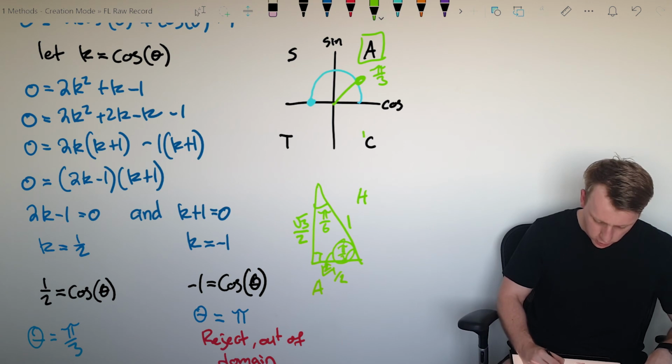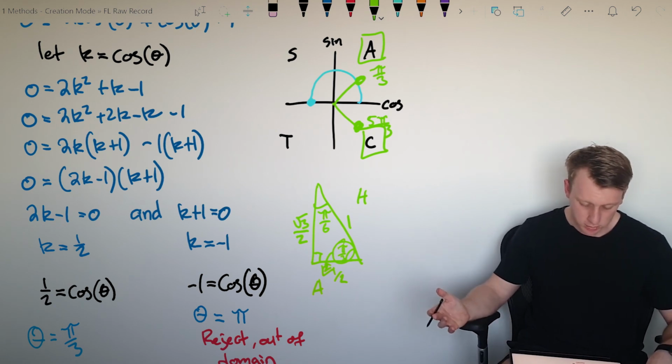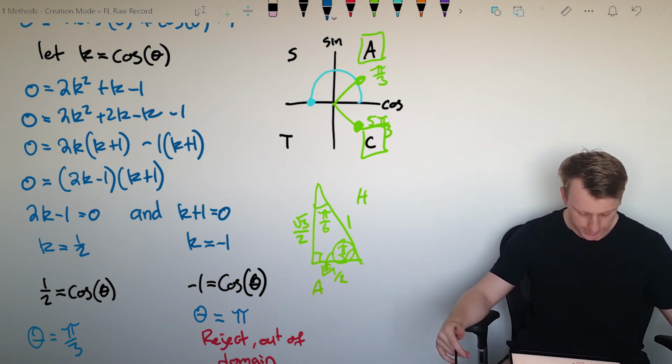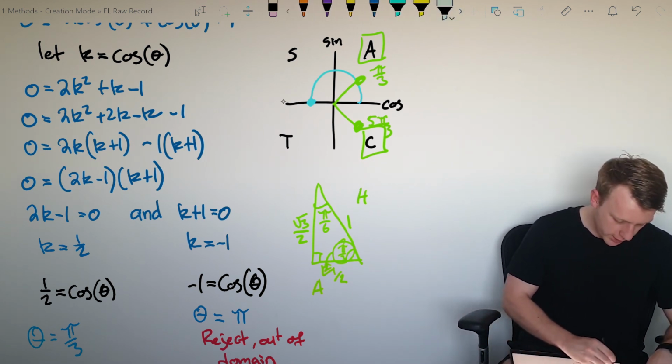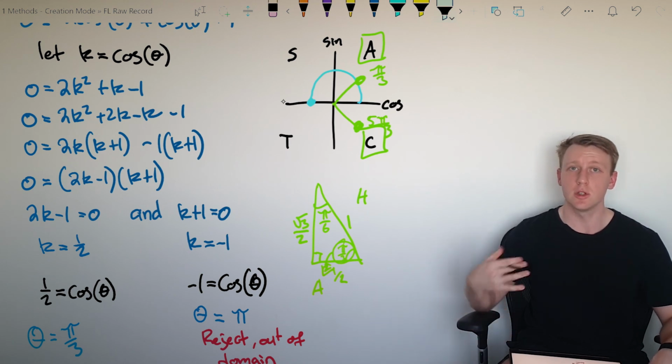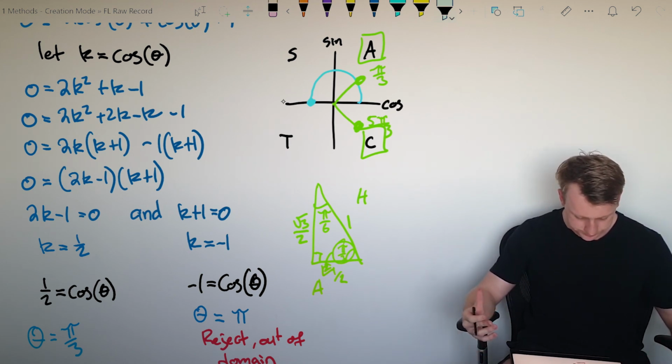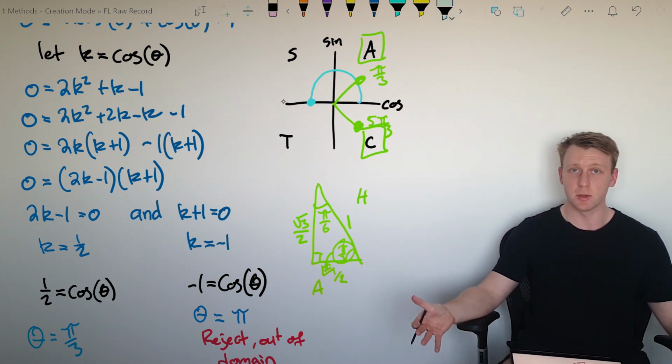Everything is positive there. Cos would also be positive here, that'd be 5 pi on 3 out there, and I'm not even going to consider that other solution because it's outside of the domain. So really the only theta value I've got is theta equals pi on 3. That is my maximum, right?